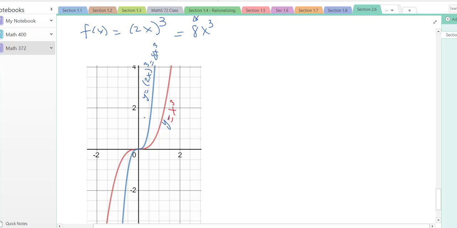Now you can visually see it. Think about if this was a rope and you put your foot right at the (0, 0) and you pull it up, then you're going to be stretching. If you think about the red graph and then you pull it, it's going to get steeper, right? It's going to pull it closer, leaving the (0, 0) the same.